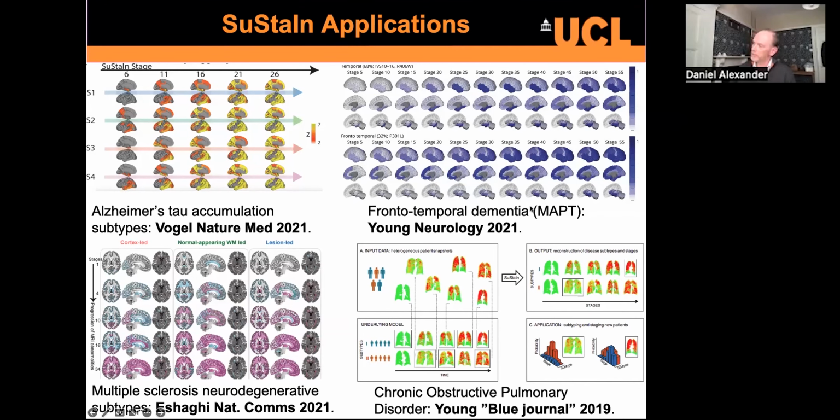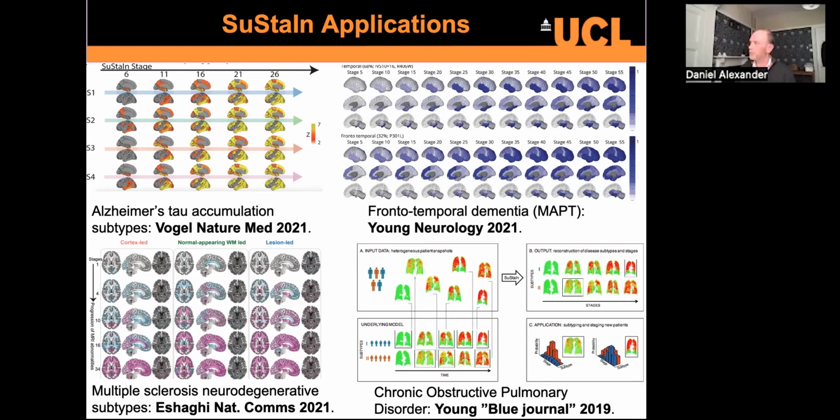First of all, rolling out to other kinds of dementia, other neurodegenerative conditions. This is an example of multiple sclerosis, and even beyond that, to look at other chronic diseases like this, chronic obstructive pulmonary disorder, a respiratory disorder, but it's also been applied in osteoporosis and ophthalmology conditions as well.